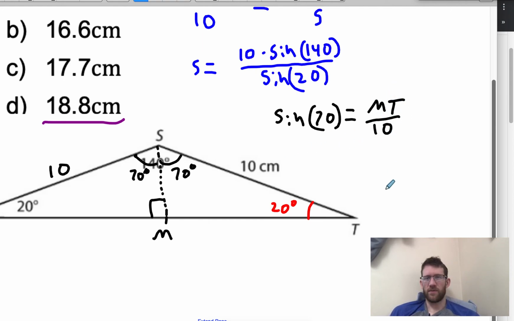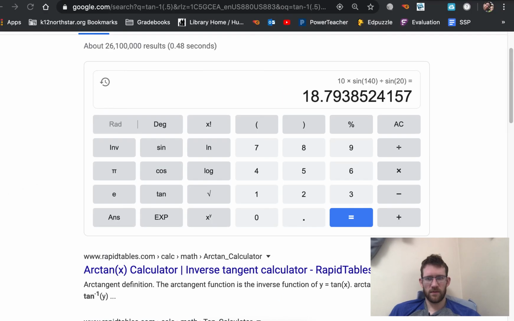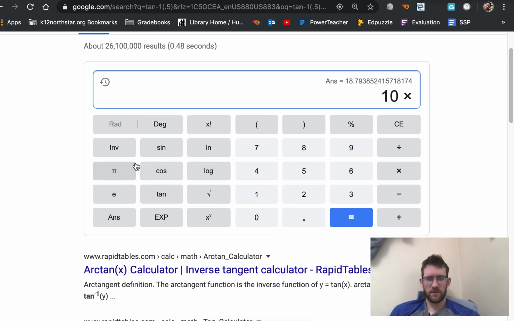And then I just solve for MT. So I multiply both sides by 10. You get 10 times the sine of 70 equals MT. 10 times sine of 70. So MT is 9.39.